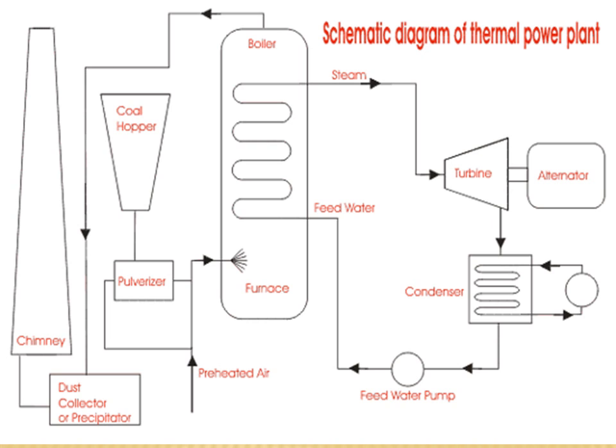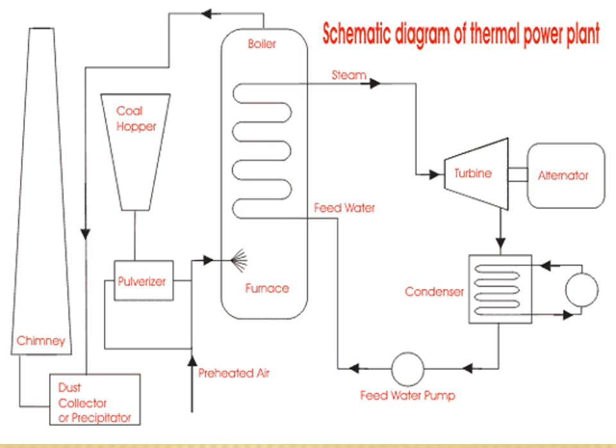Now second is the air and gas circuit. Air is supplied to the combustion chamber of a boiler either through a forced draft or induced draft fan, or by using both. The dust from the air is removed before supplying it to the combustion chamber.